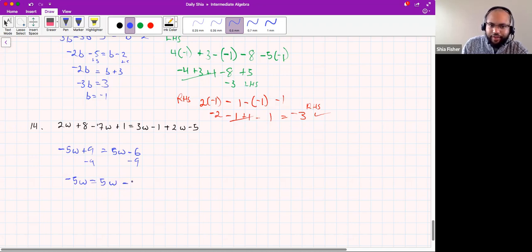So a negative number. And here we want to take 5w minus 5w minus 5w. Don't forget your signs here. Very, very important stuff.